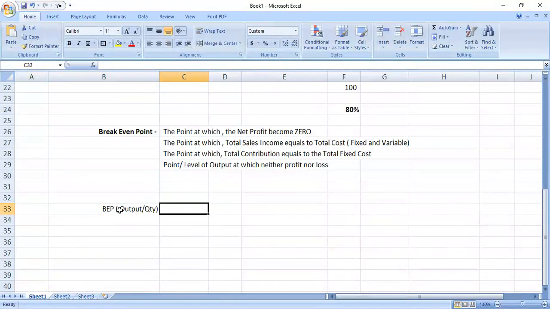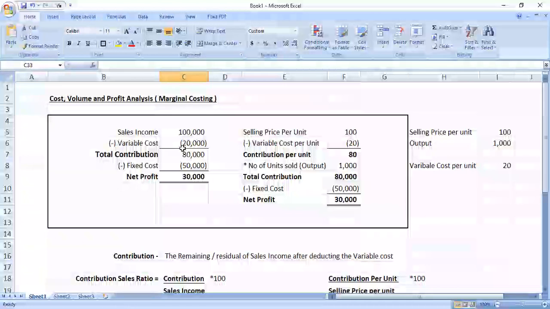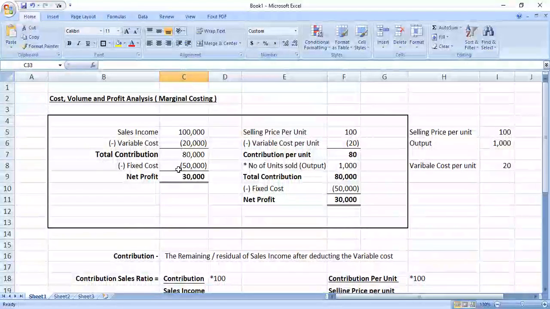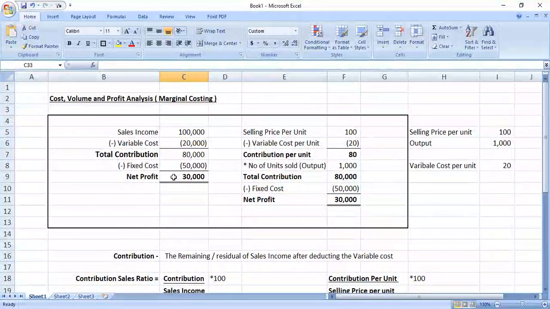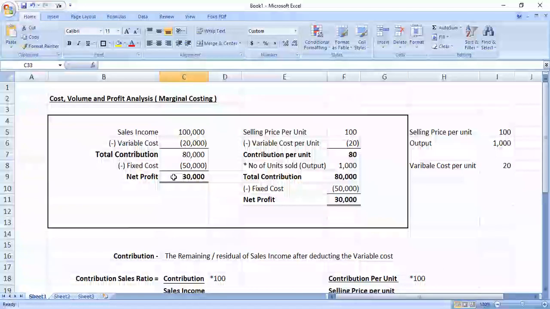At what quantity your total income equals your total cost, or at what quantity your net profit is 0, or your total fixed cost equals total contribution, then only we have a net profit of 0. Same thing, finally the net profit should be 0, right?